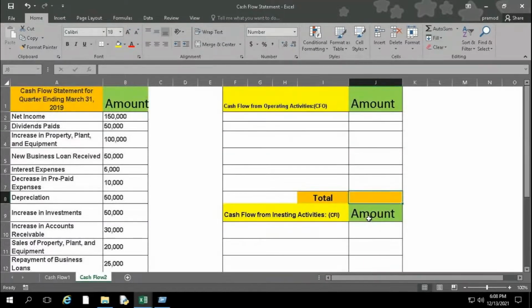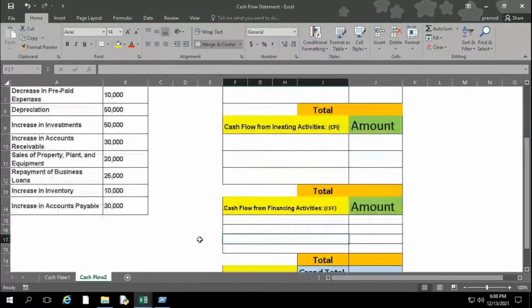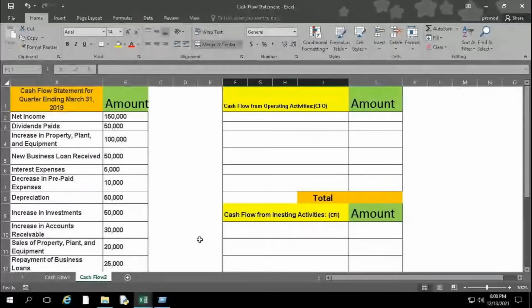Sir, net income will come in operating expenses, no, sir? Net income means that is nothing but your profit. So we will make that one as retained earnings. So you make that in CFF. Yeah, CFF, sir. You said in CFF.